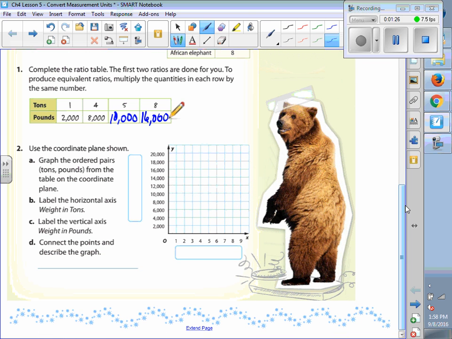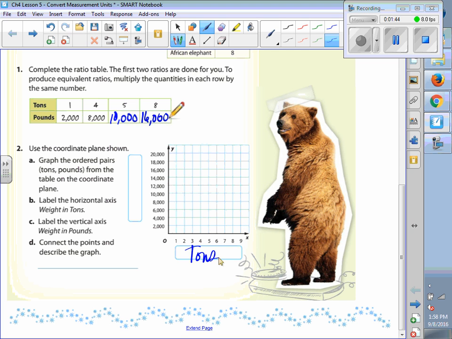Okay. So first we want the labels. So which one goes where? Tons goes on the x-axis, right? So here's tons. And pounds goes on the y-axis. Very good.